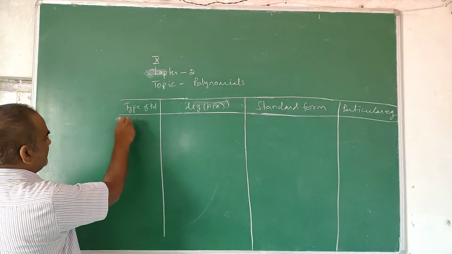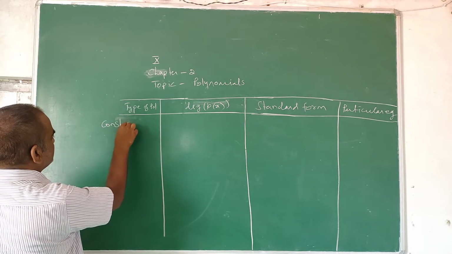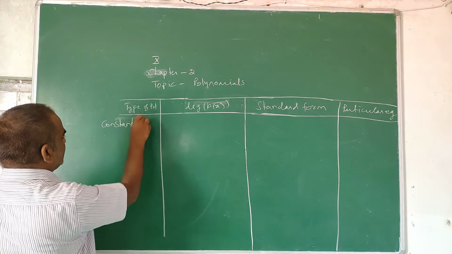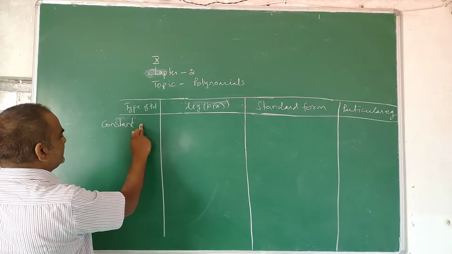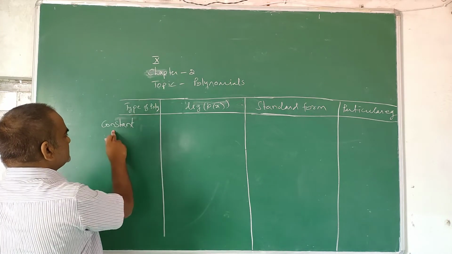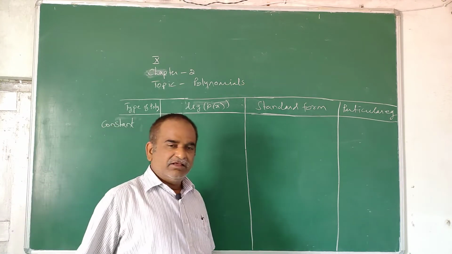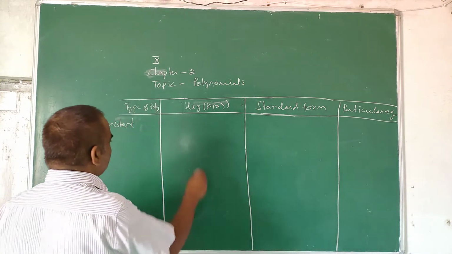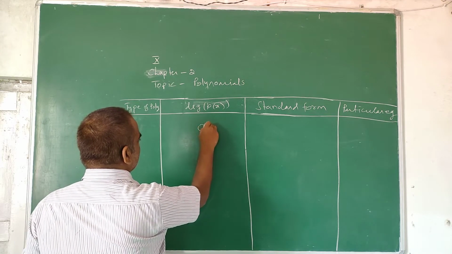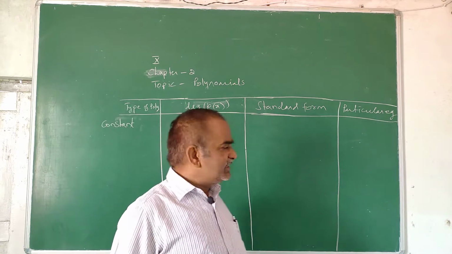So now type of polynomial is constant polynomial. Here type of polynomial, it's a constant polynomial. Constant polynomial degree is 0.